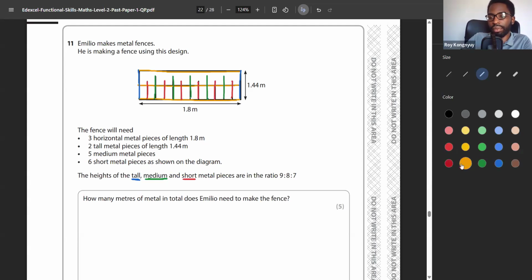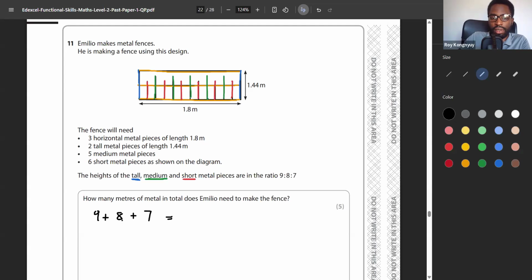We can conclude, if this is the ratio of the pieces together, that if we have three of these pieces together, we can consider them as being composed of 9 plus 8 plus 7 equal parts.